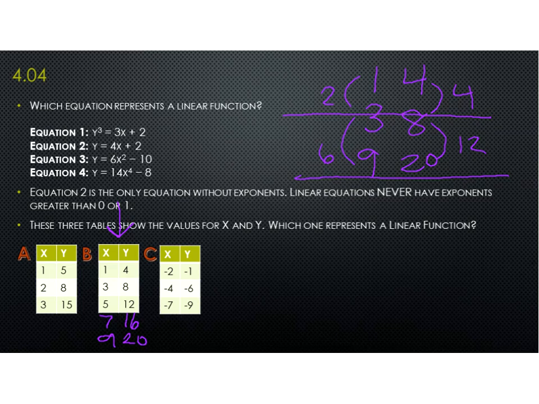So sometimes it might not look like a constant rate of change, but that's how number sense will kick in, and you have to really apply your understanding of ratios to be able to determine that.